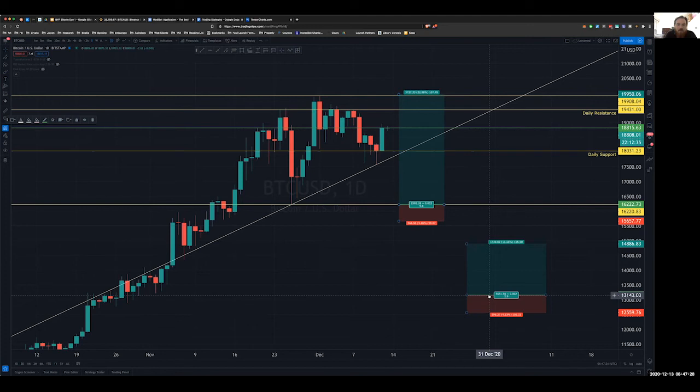So at the moment, it's in a tricky spot. Is it going to push its way up and touch 19.9 again? Is it going to break the trend and drop back down to 16? What is it going to do?